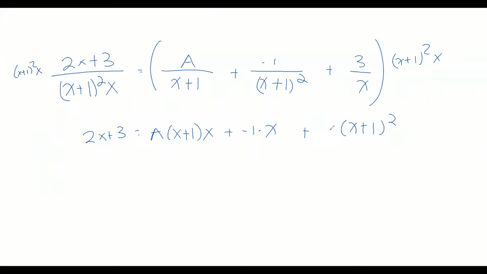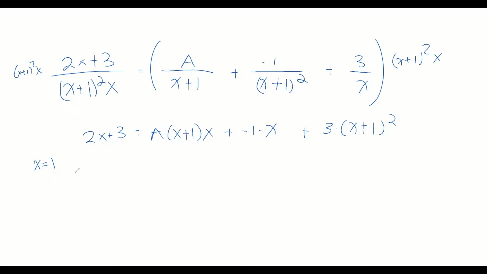So this is -1 and this is 3. But since I've used up all of my obvious substitutions, I just need to pick a third value. In this case, I'm going to go ahead with 1. If you didn't have a case of 0, 0 is also super great, but you're just going to have to pick a third value and solve for a.